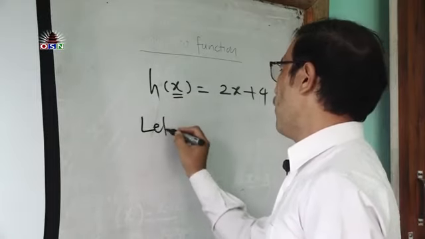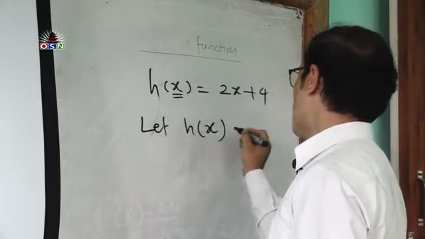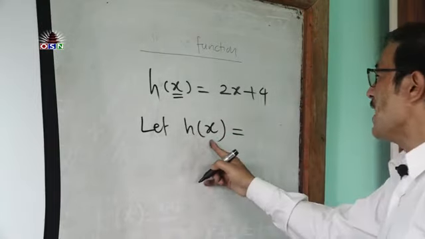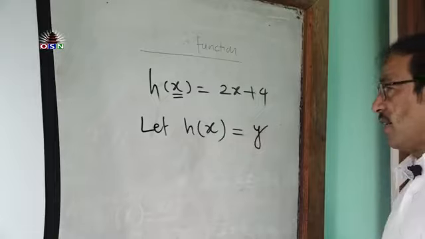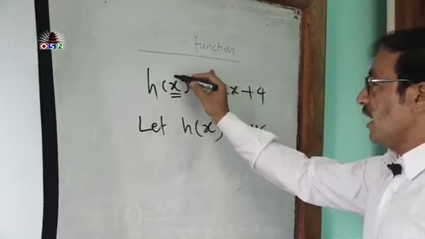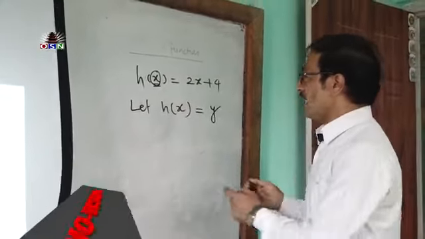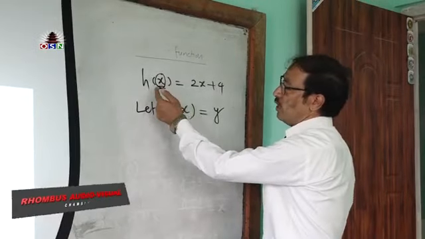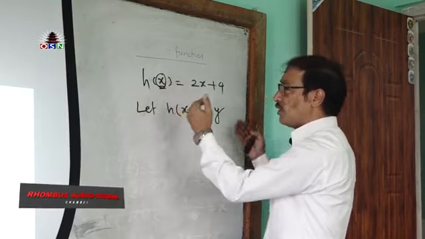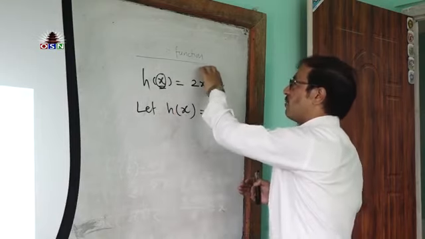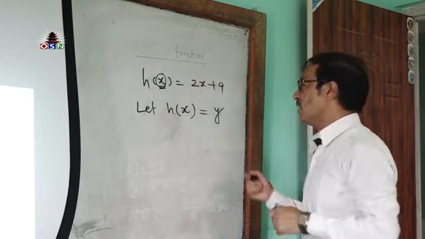So first of all, when x is taken as an input, what will be the output? Let's suppose that y is an output. When you select the value of x as an input, of course you will get an output from this functional relation.